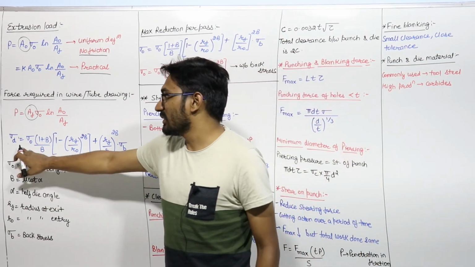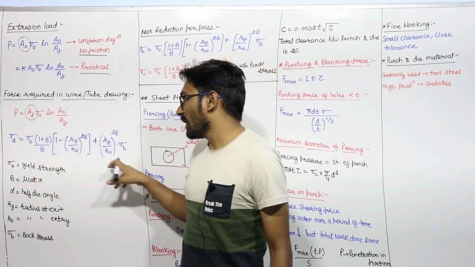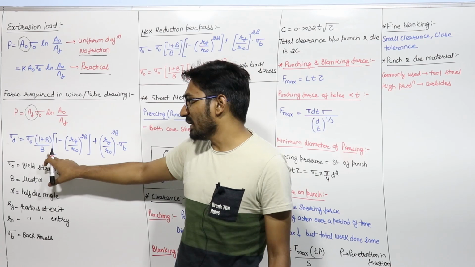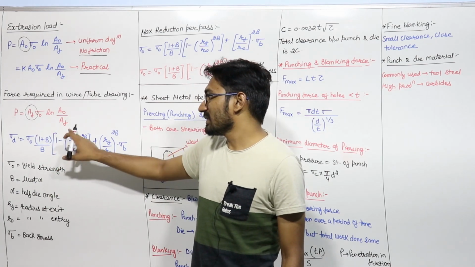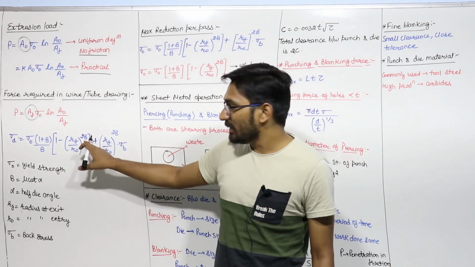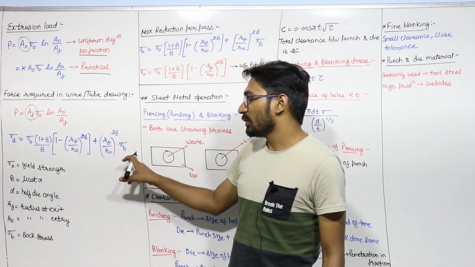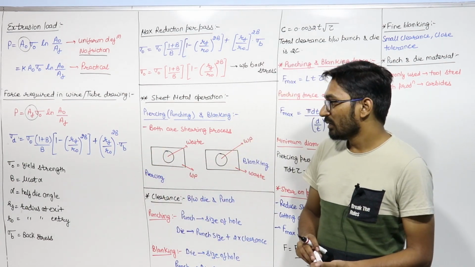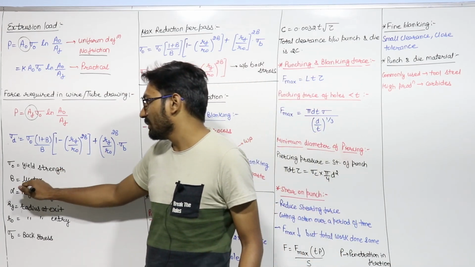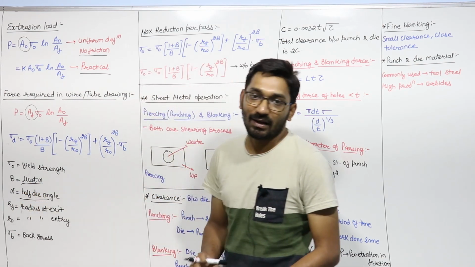Now the drawing stress, the stress induced during wire drawing, is given by this formula you have to remember: sigma naught into (1 plus B) upon B into [1 minus (RF upon R naught) raised to the power 2B] plus (RF upon R naught) raised to the power 2B into sigma B. Sigma naught is the flow stress or yield strength, B is mu into cot alpha, where alpha is the half die angle.